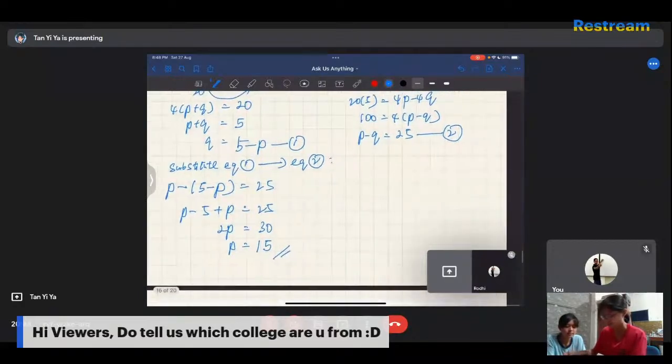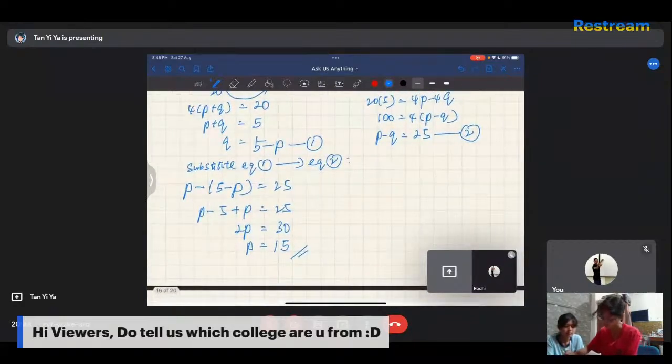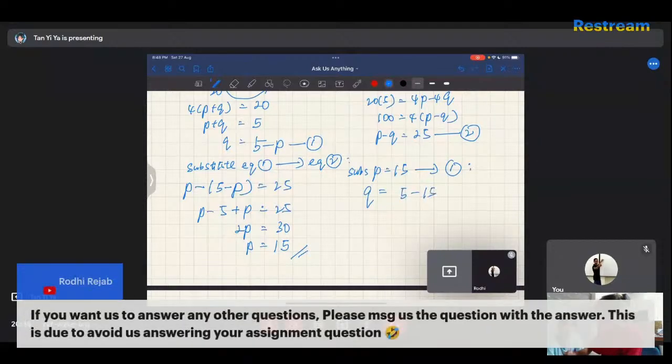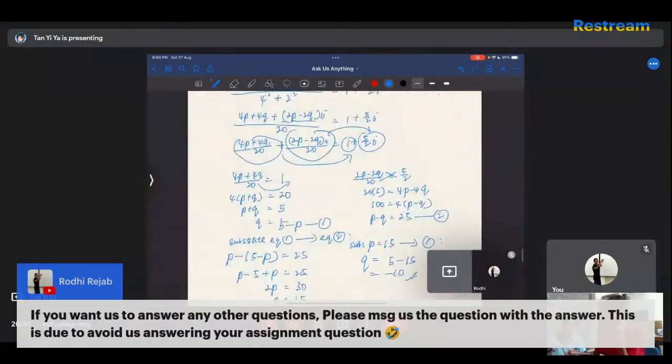Okay, so we can use the value of p to find the value of q. So just substitute p equals 15 into equation 1. q equals 5 minus 15, and it will be negative 10. All right, we have done this question.